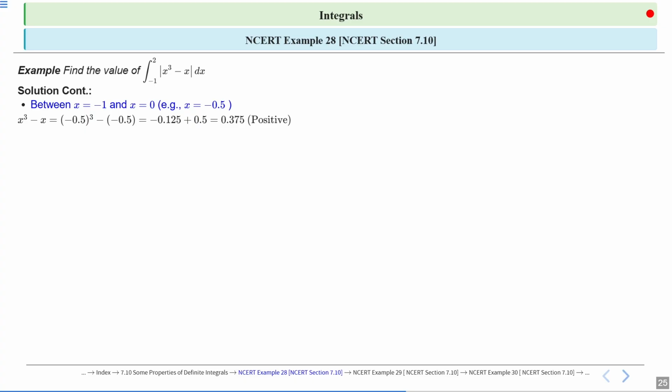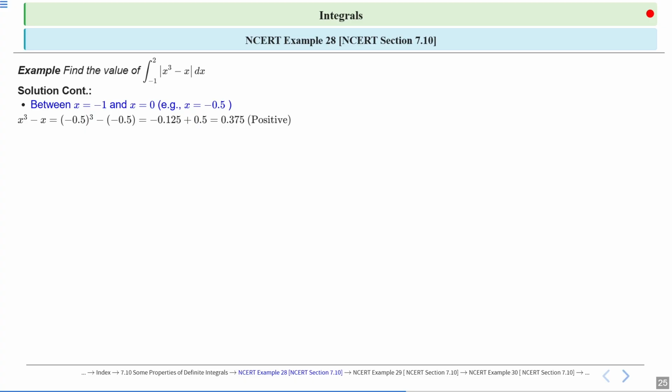So between -1 to 0, we just take a point from -1 to 0. Let's suppose we take it as -0.5, and we substitute in the function, that is x cube minus x, we get (-0.5) whole cube minus (-0.5). So when we simplify, we get 0.375. That is positive. So just imagine in the graph, we take a point from -1 to 0, in the middle, for example -0.5, and at -0.5 the function gives a positive value. So in this range from -1 to 0, the function is positive.